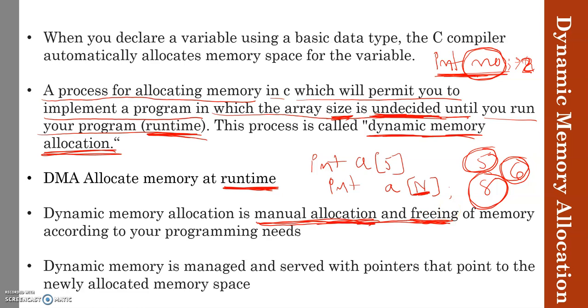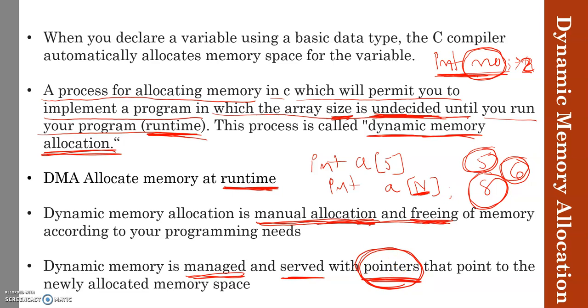And the last point is that dynamic memory is managed and served with pointers. Whenever you are dealing with dynamic memory allocation, you cannot directly allocate or free the memory. You always need a pointer, because ultimately you are working with addresses, right?